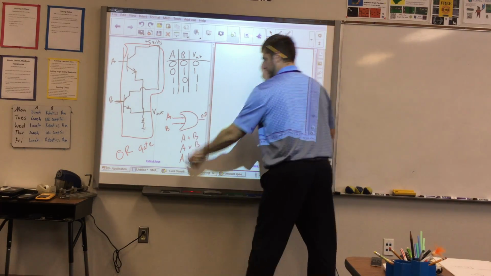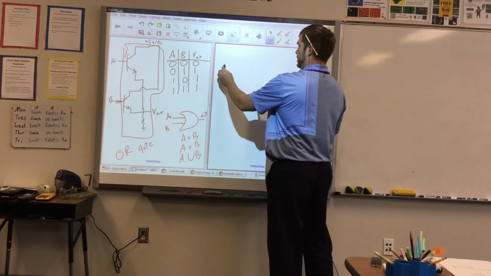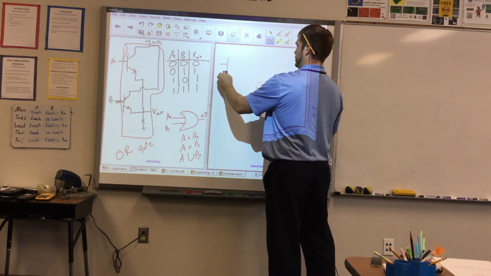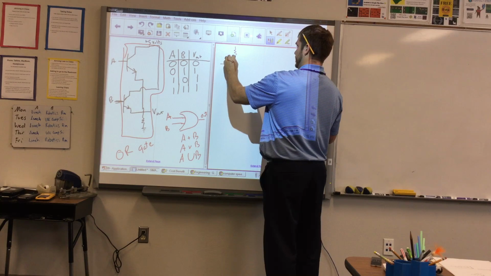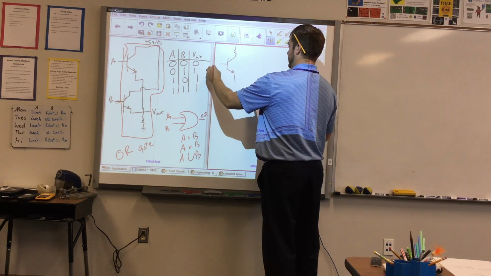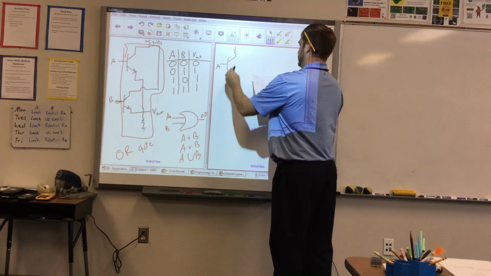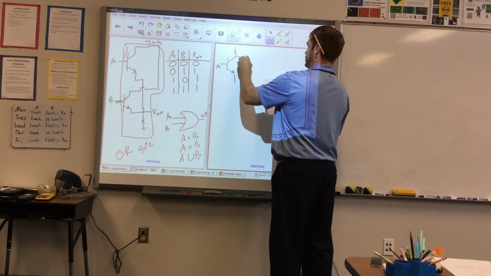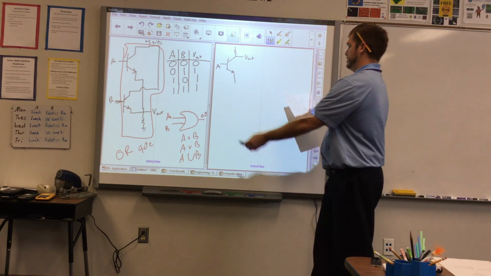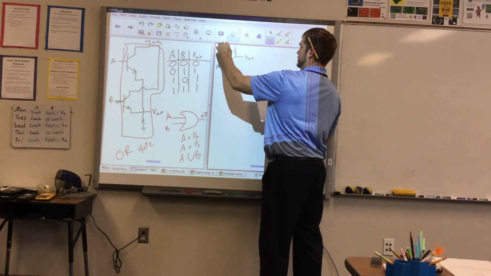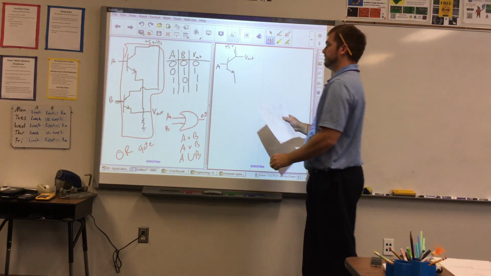Another one that you get, transistor-wise, this is the last transistor diagram I'm going to show you. After that, I'm just going to show you the shortcuts. So we've got 5 volts there.